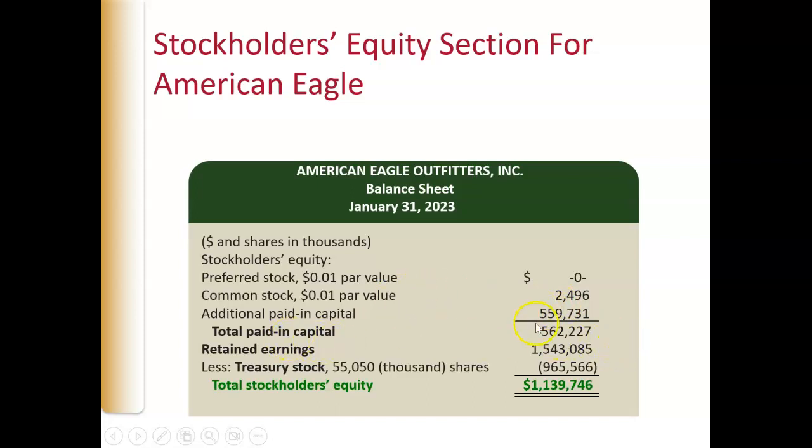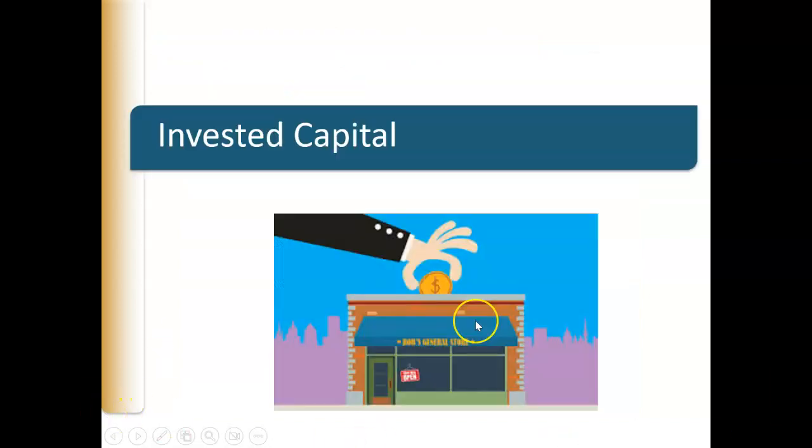Then they show the retained earnings. And then something new we're looking at is this treasury stock. Treasury stock with companies will always be a minus sign. It takes away from the stockholders' equity section. Okay? And we'll talk about that. But know that treasury stock is going to be a minus to the total stockholders' equity section.